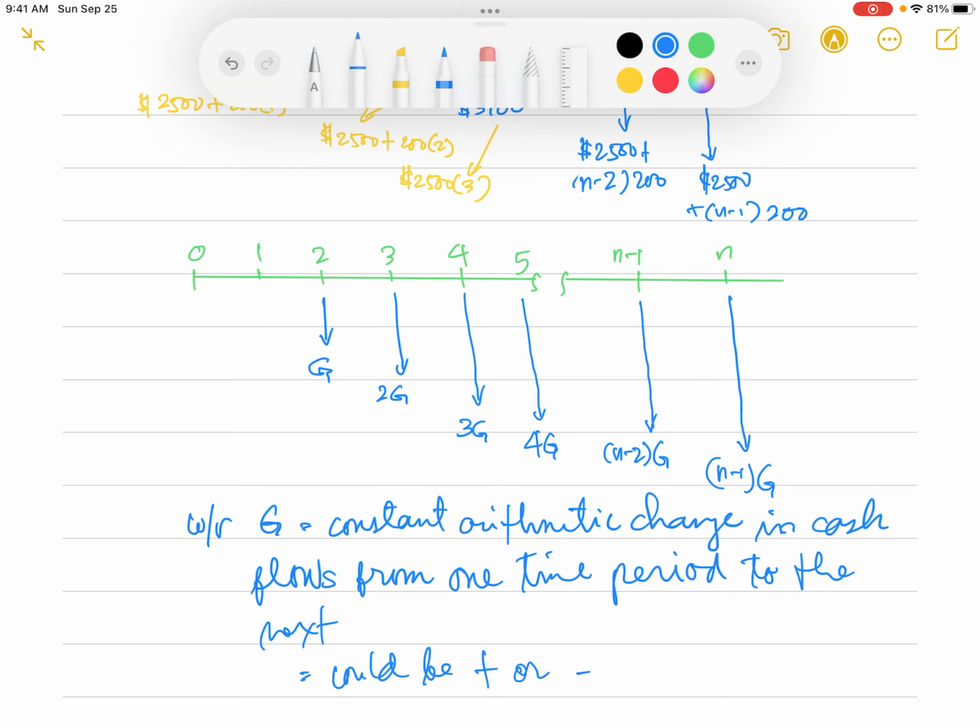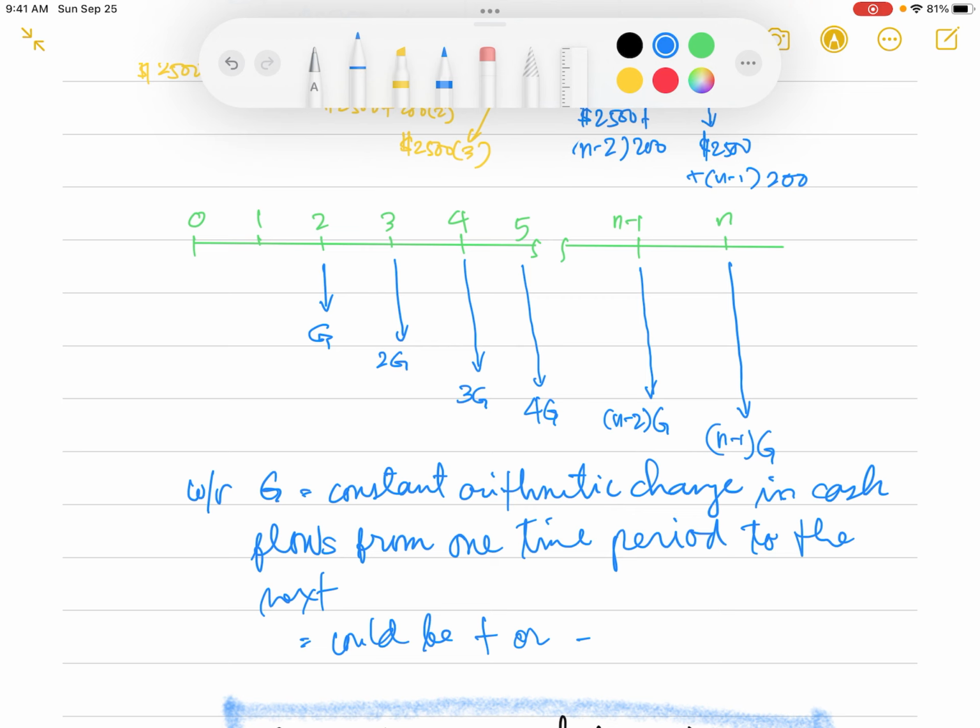So we say that at n equals 2, we have G, at n equals 3 we have 2G, and at n equals 4 it is 3G, and so on and so forth. At n minus 1, we have G times quantity n minus 2, and of course at the end of the nth period, we have n minus 1 times G.